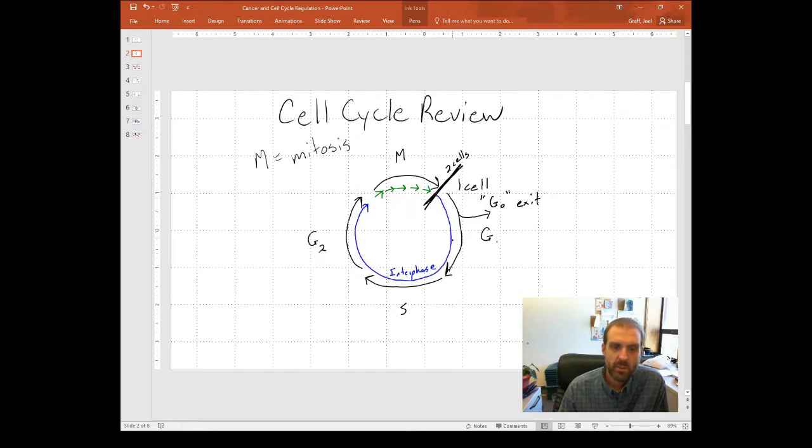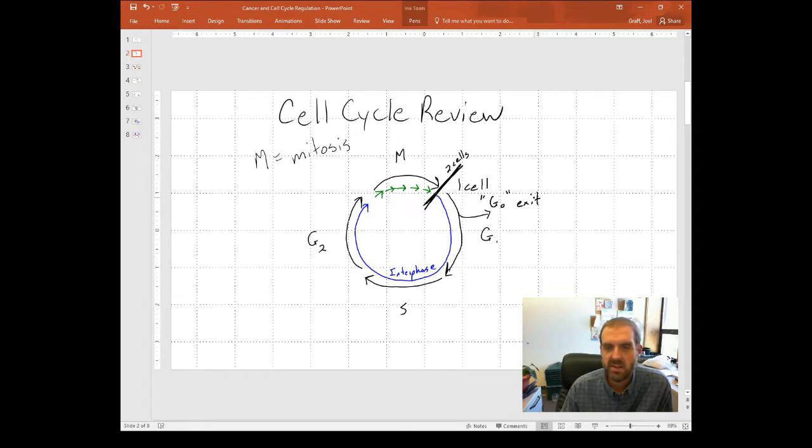Another part of the review we talked about was that interphase consists of G1, S, and G2. So those three different phases where we kind of separated out can be lumped together, and that happens a lot when you want to focus on mitosis, for example. There is a G0 stage, and that's when a cell exits the cell cycle.